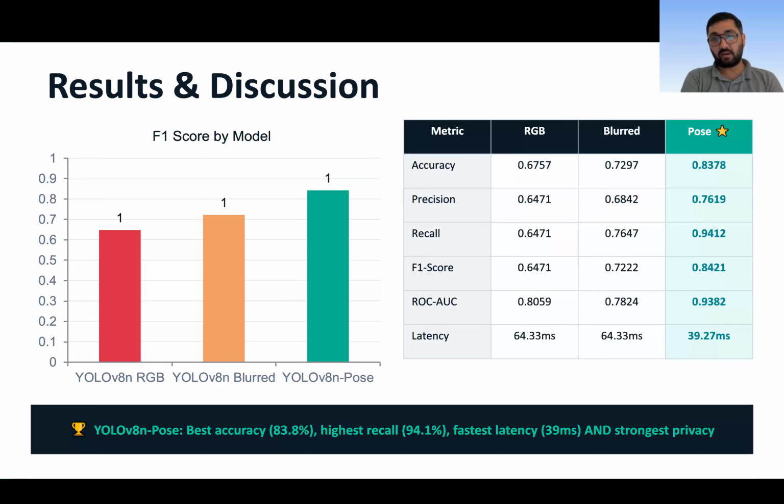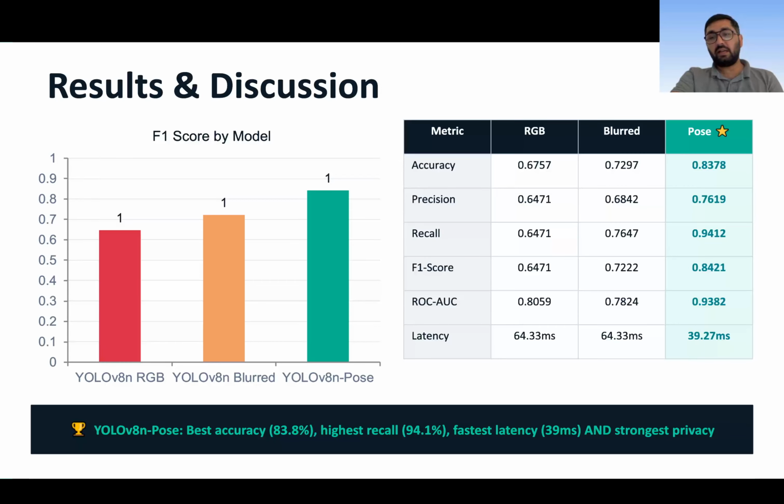Interestingly, the blurred model outperformed the standard RGB, which suggests that privacy-oriented processing did not hurt performance. In fact, rendering visual noise may help the model focus on relevant motion patterns. The Pose model also achieved the highest ROC AUC of 0.938, showing strong separation between fall and ADL classes across all decision thresholds.